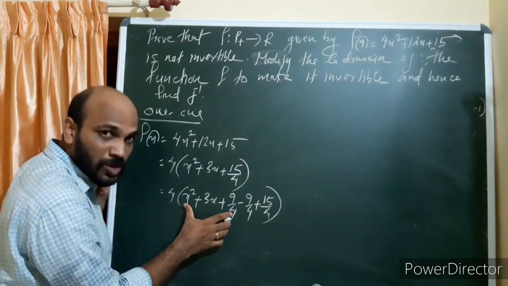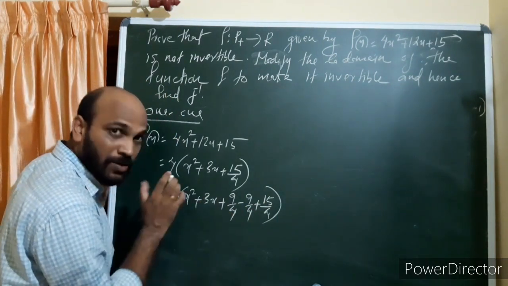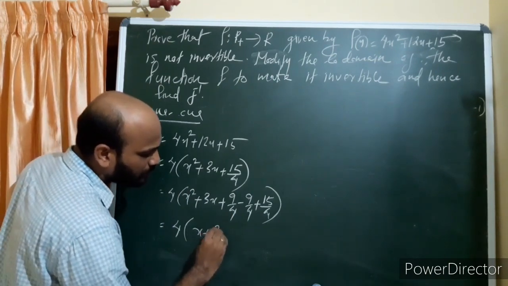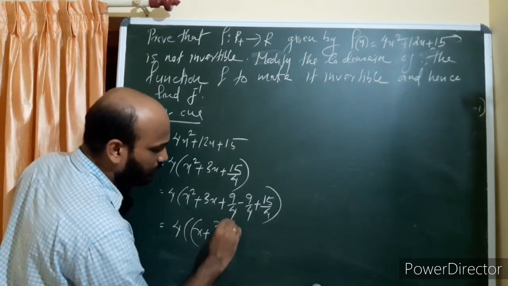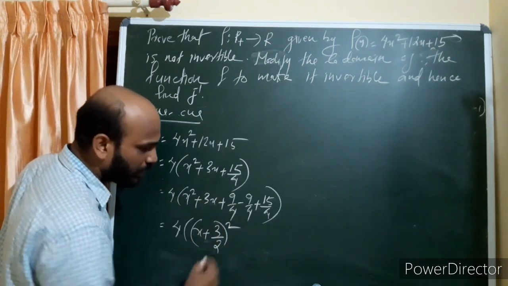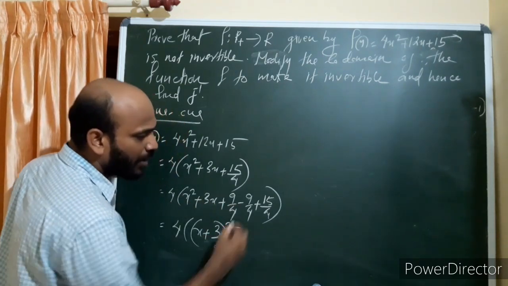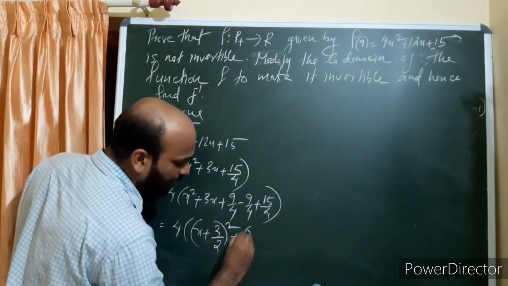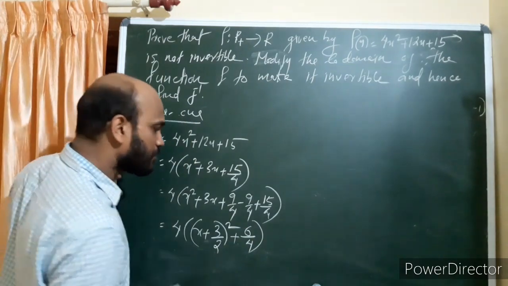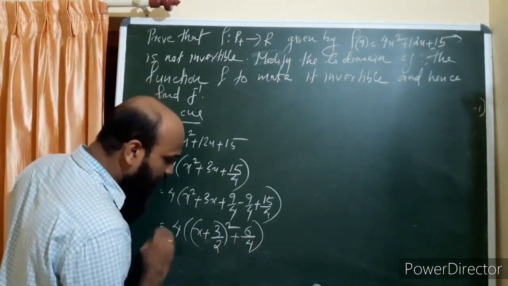Now first three terms will be the expansion of a plus b whole square. So you get 4 into x plus 3 by 2 whole square. This is a square, this is b square, this one is 2ab. Plus these two have to add, so you get 6 by 4. Now you can multiply with this 4.